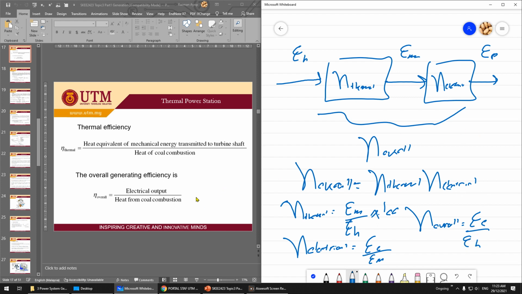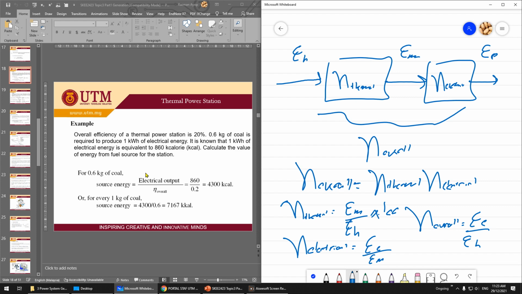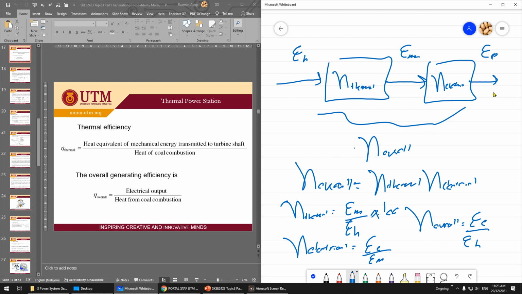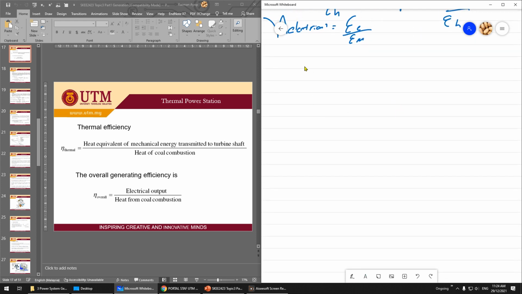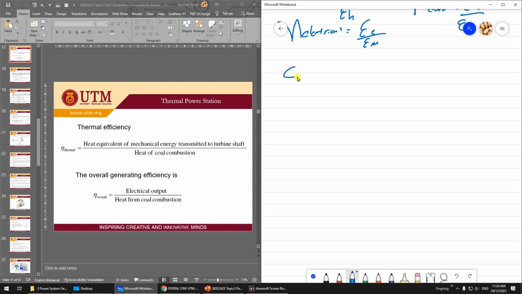So make sure you know the efficiency very well. For example, if they give the EE, make sure you know how to convert it to EM. So I give you an example here. If EE equals 1 megawatt hour, so this is not E maximum, this is EE.